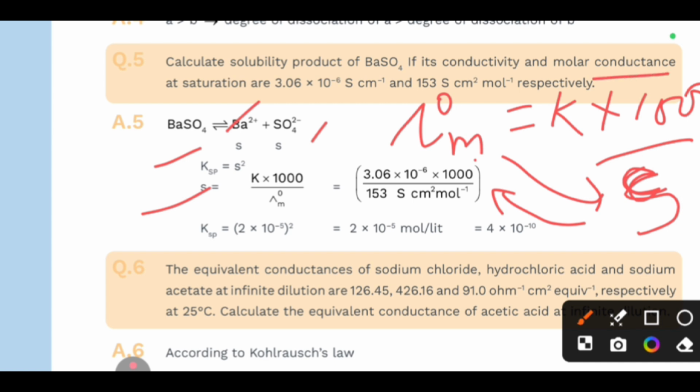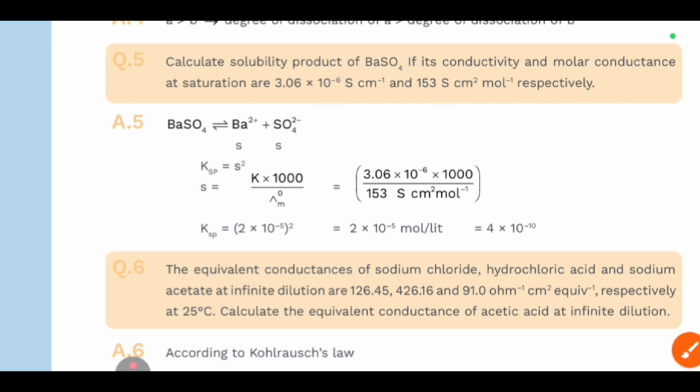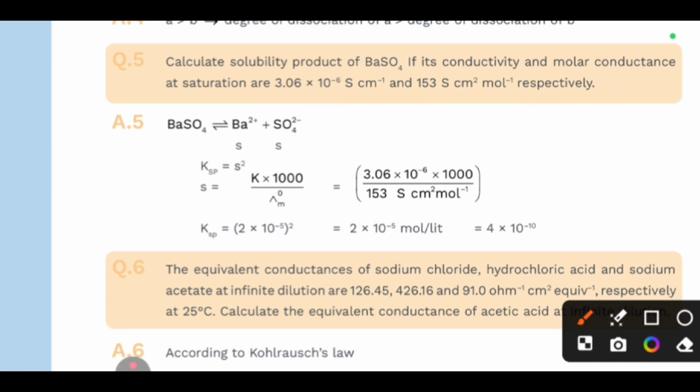You can see the molar conductance given to you is 153 for this compound, and the K value is 3.06 into 10 to the power minus 6. You put these here, then you can solve for S. After calculating S, you can solve for Ksp. The final answer you will get is 4 into 10 to the power minus 10.